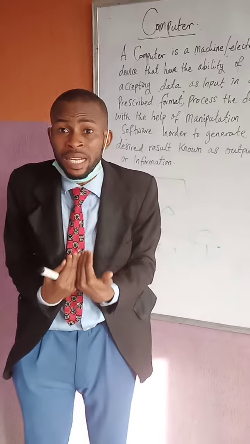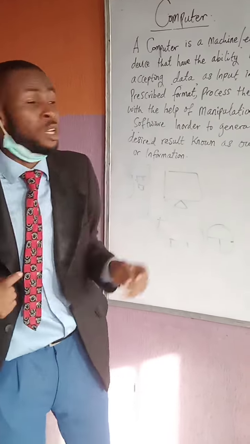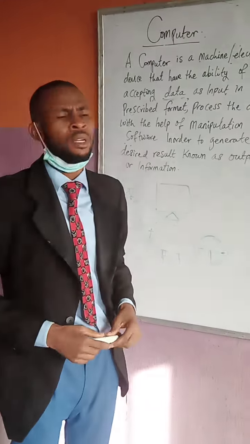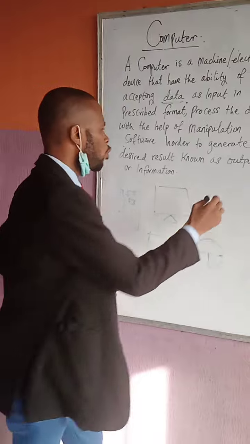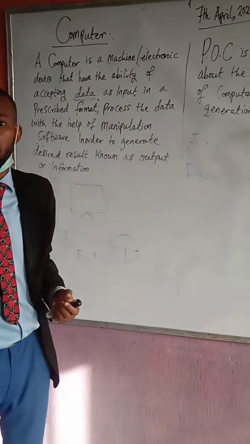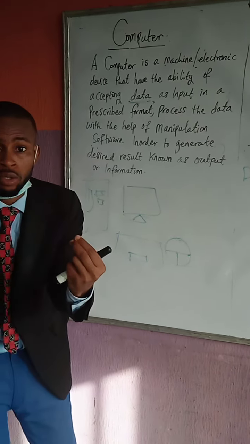A computer has the capability to receive or collect unprocessed information, because this data you are seeing is called unprocessed information. Let me explain this very well. When we talk about data, we are talking about raw facts or figures that we intend to send to the computer system in order to get results.